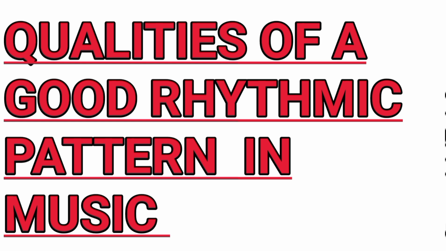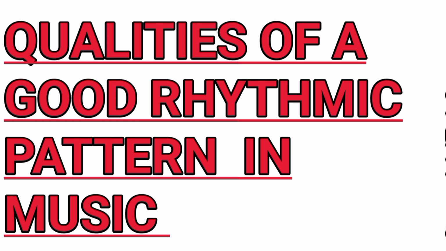When you create, you come up with something new which has never existed in music. So the learner has to follow some qualities when creating his or her own rhythmic pattern. That takes us to the qualities of a good rhythmic pattern.